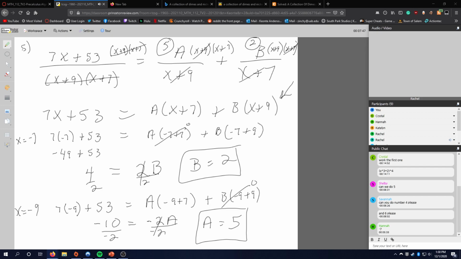And you can just plug those into MATLAB for that answer. I think they want you to probably type the whole thing in: 5 over x plus 9 plus 2 over x plus 7.